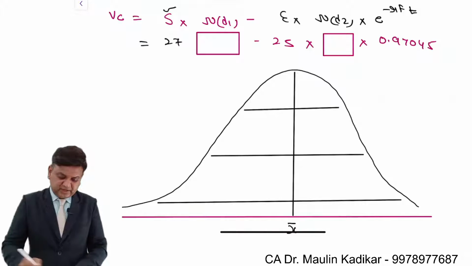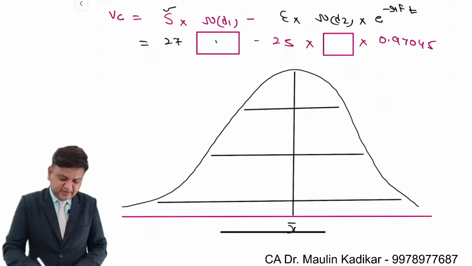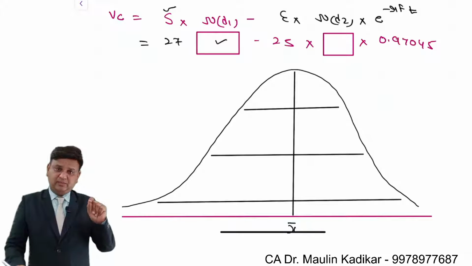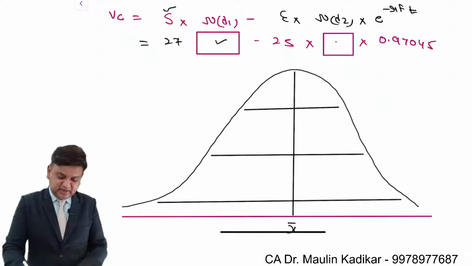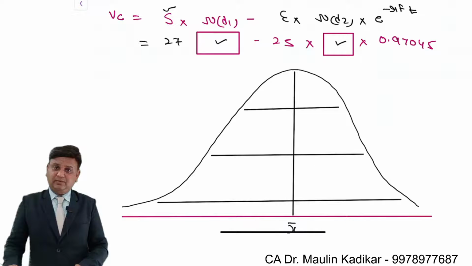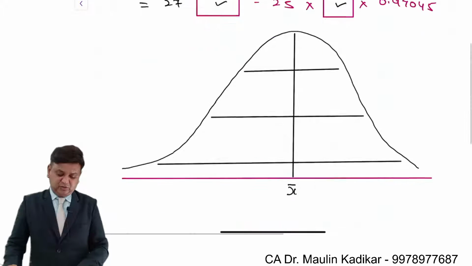Over here, we are required to calculate the value of ND1, normal probability distribution of D1 value, and ND2, that is again normal probability distribution of D2 value.